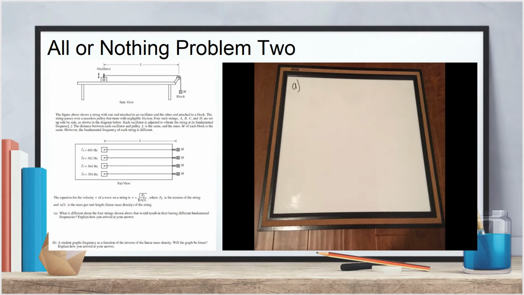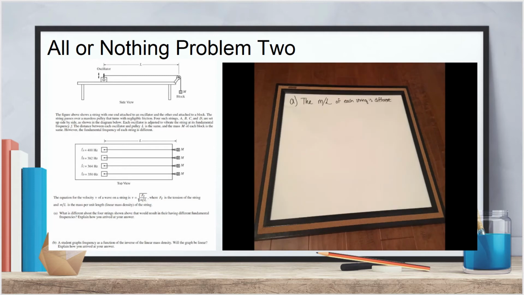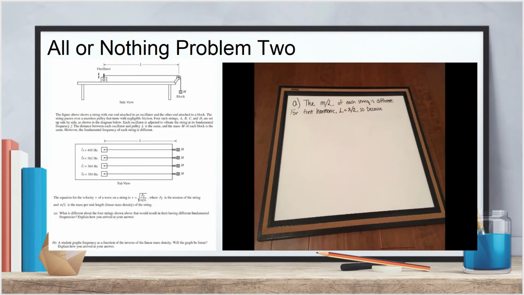Part A asks, what is different about the 4 strings shown above that would result in their having different fundamental frequencies? Explain how you arrived at your answer. The linear mass density of each string is going to be different. This is because for the first harmonic, L is equal to wavelength over 2.